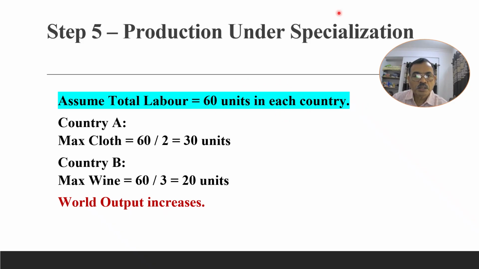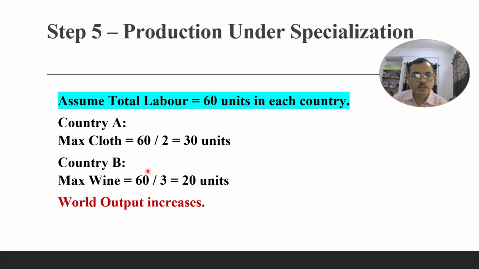Therefore, country A can produce a maximum of cloth, which is 60 by 2 equals 30 units.